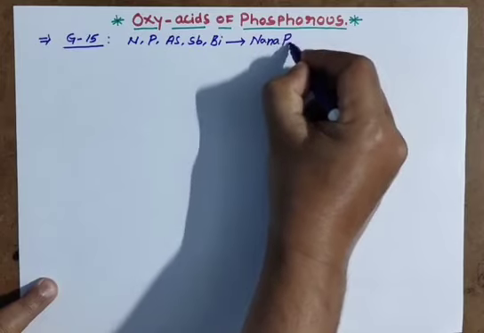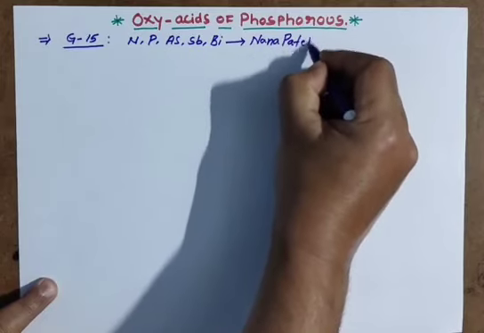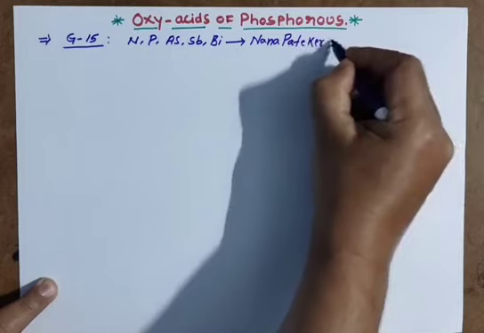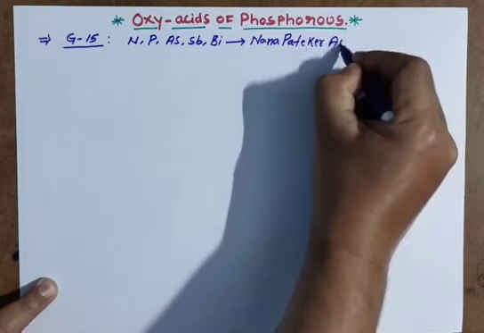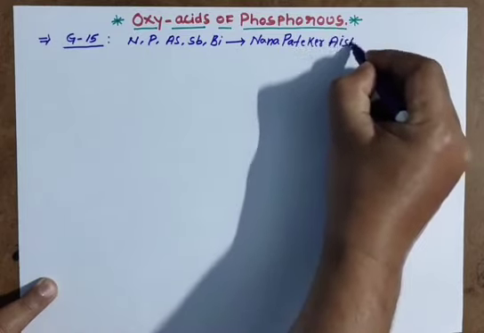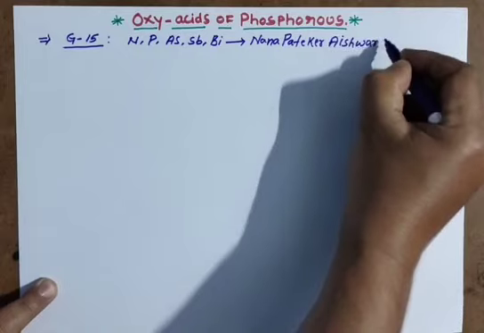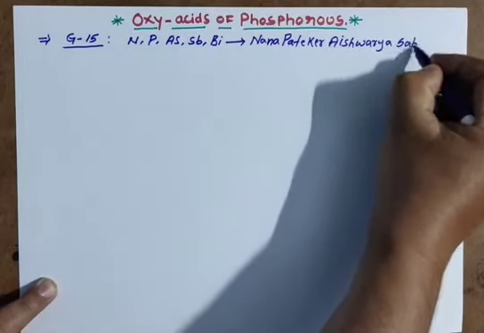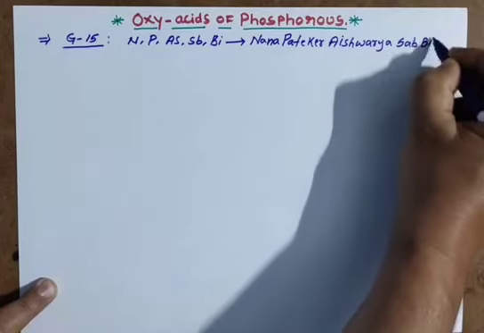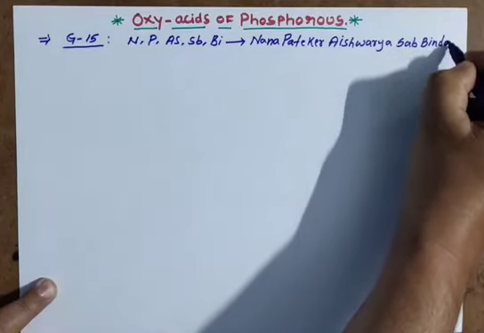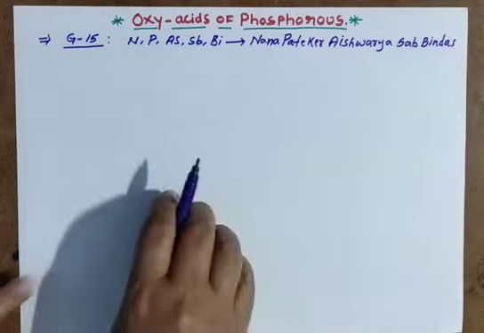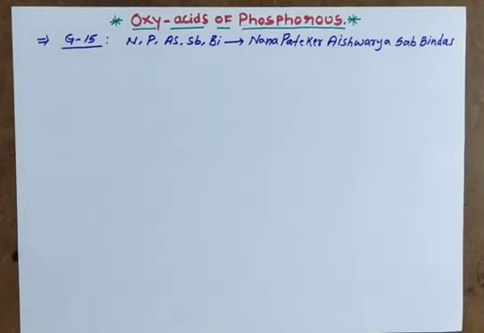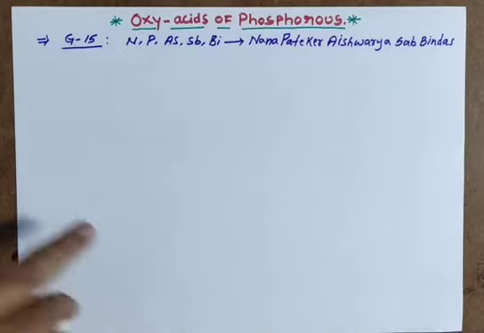Nana Patekar, Aishwarya, Sab Bindas. Trick to remember group 15 elements: nitrogen, phosphorus, arsenic, antimony, bismuth.